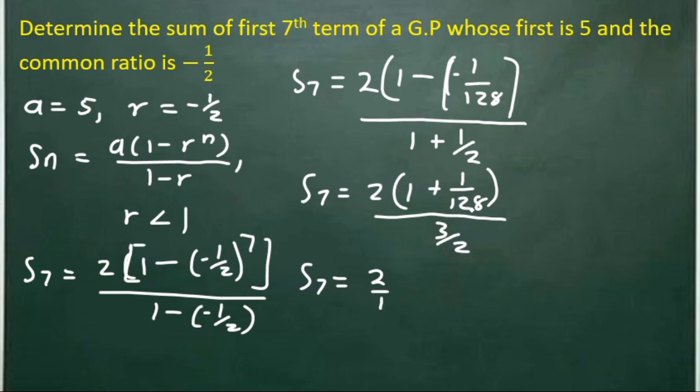When you simplify this, 128 plus 1 gives us 129 divided by 128, times, reciprocating this, 2 over 3. Let's see if we can eliminate some terms. 2 is gone, and 128 divided by 2 will give us 64.